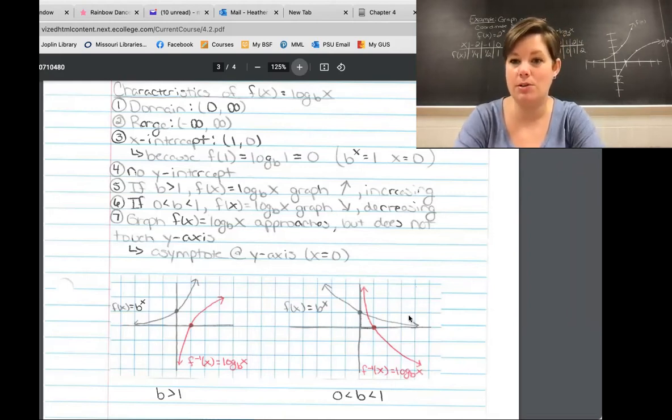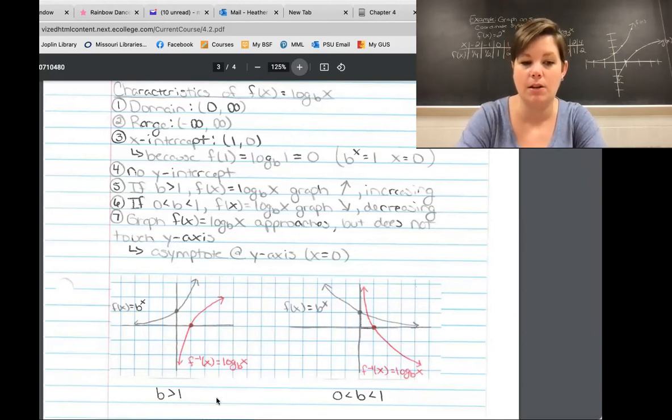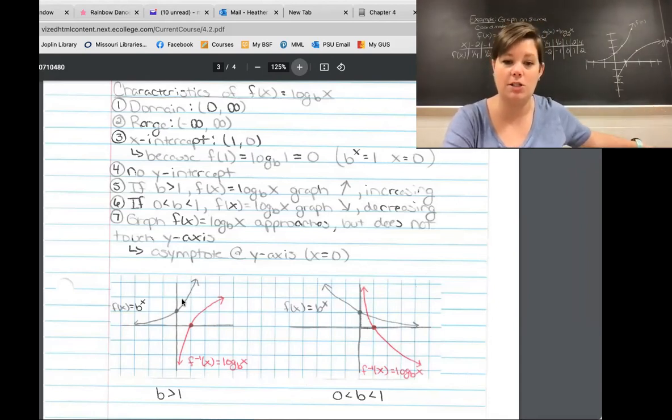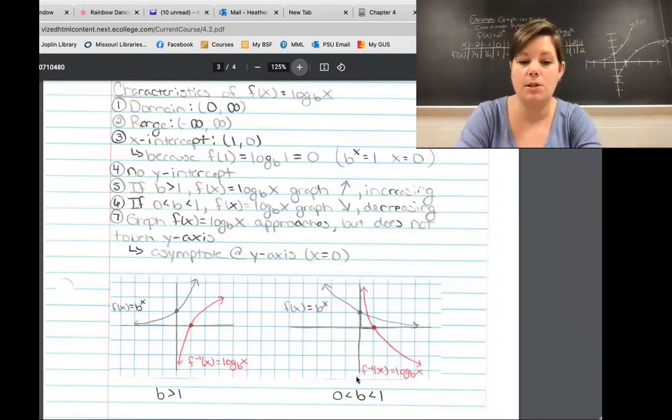So I included both these graphs right here on the notes page. You can see this first one, b greater than 1, is pretty much exactly what we have on the board for the problem that we just did. When b is between 0 and 1, if you'll notice, it gets really close to the y-axis up there in the positive, and then it comes and goes out like that. So it flips.